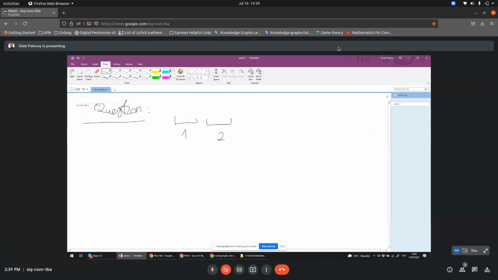You have a task W1, which has weight 1, and machines with S1 equal to S2 equal to 1, so the speed of the machine is also 1. And you decide that with probability half, task 1 goes to machine 1, and with probability half, task 1 goes to machine 2.